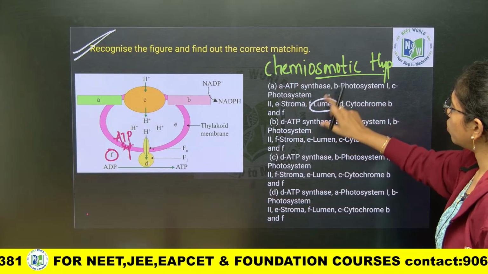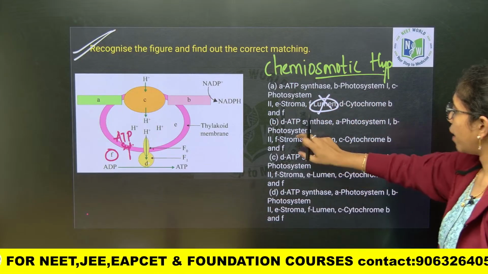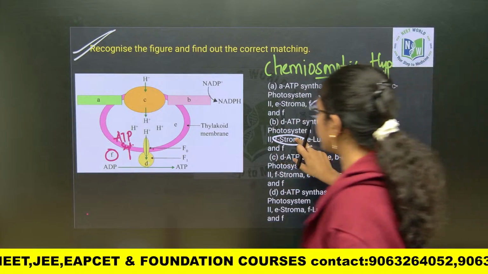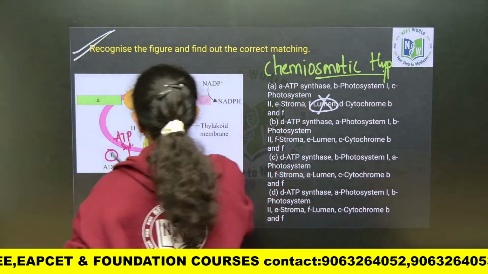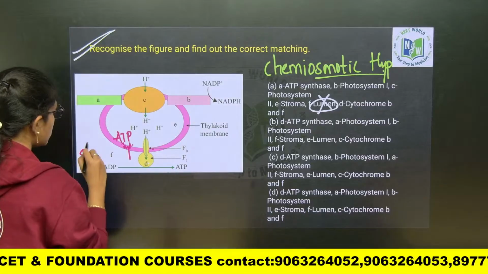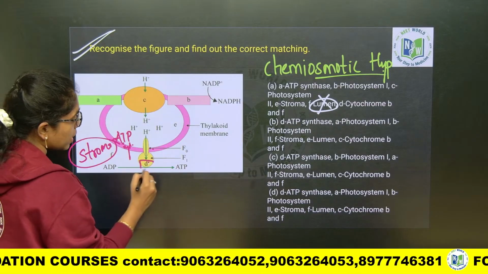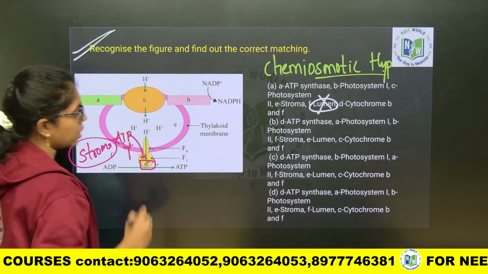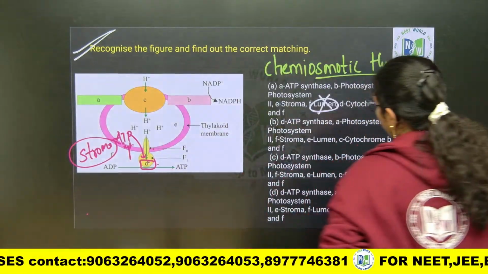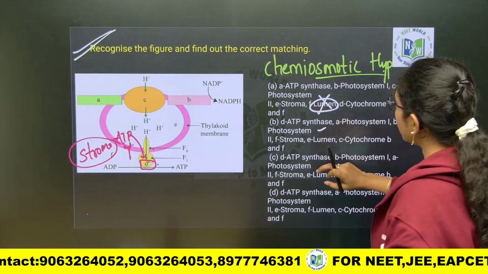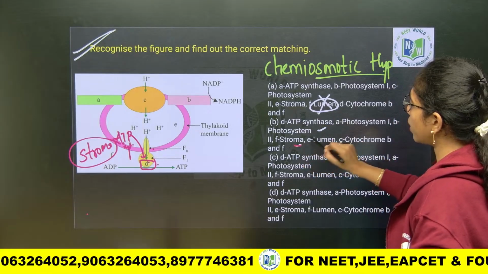F is not the lumen, so you can cancel it here. F is stroma. And here D you can see, D is ATP synthase. So, D is ATP synthase and F is stroma. This you can opt.